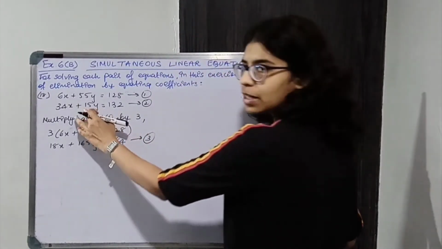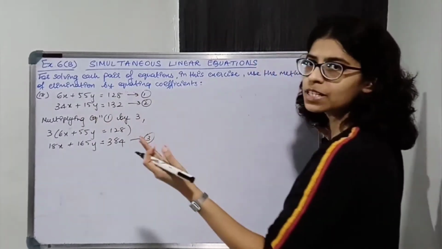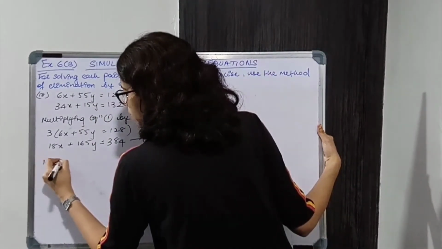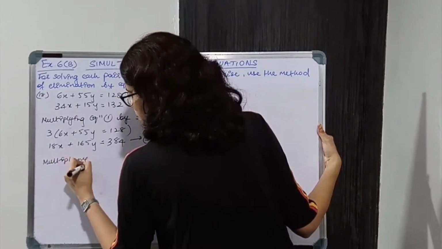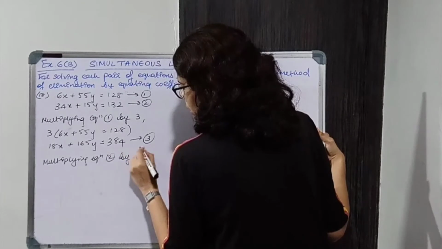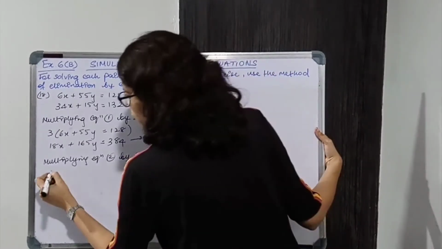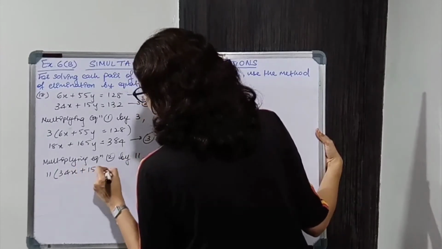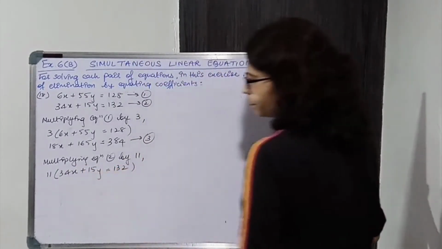Similarly, we will multiply equation 2. 15 into how much gives 165? 15 into 11. So multiplying equation 2 by 11: 11 into 34x plus 15y is equal to 132.